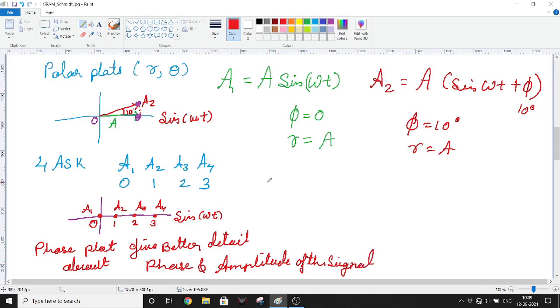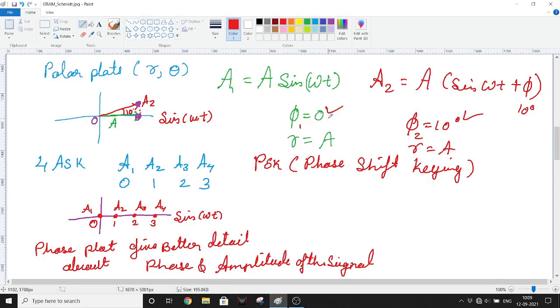In a similar case, now if I have to change the phase as I have done over here for this phi 1 and phi 2, let us try to represent a PSK. A PSK is phase shift keying. So how is this represented? Let us take the same example of two symbols.